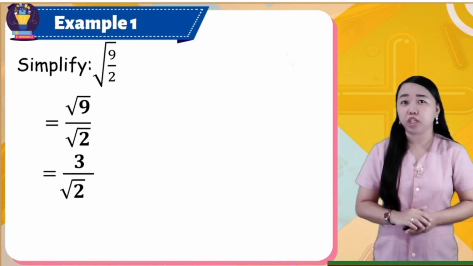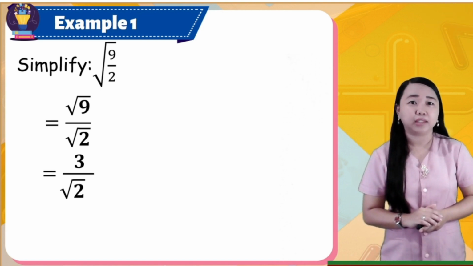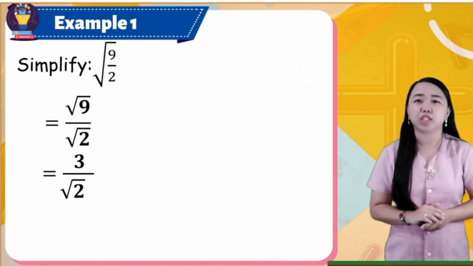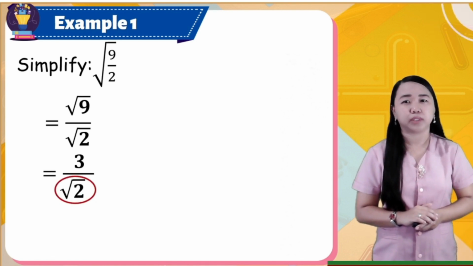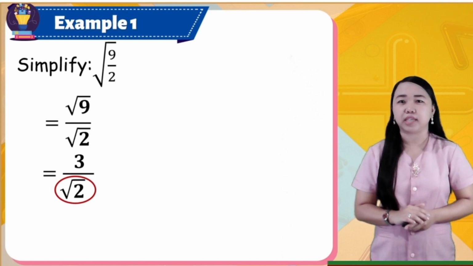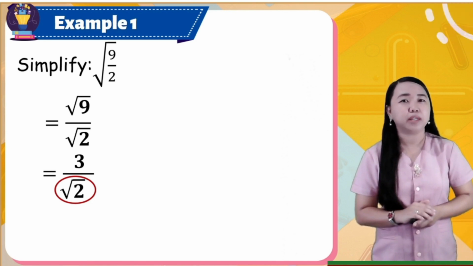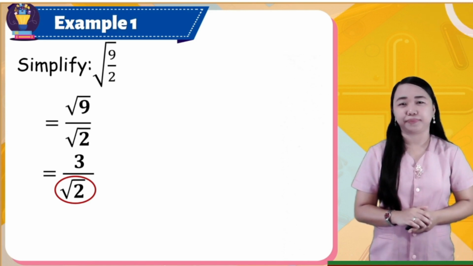By observation, you will see that the denominator contains a radical, and that is square root of 2. The point of rationalization is to make the denominator rational.